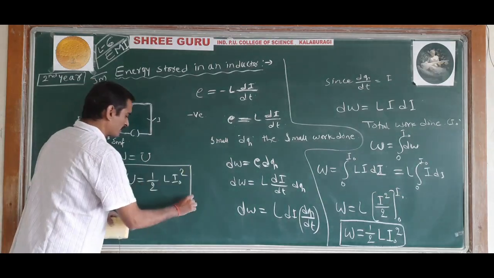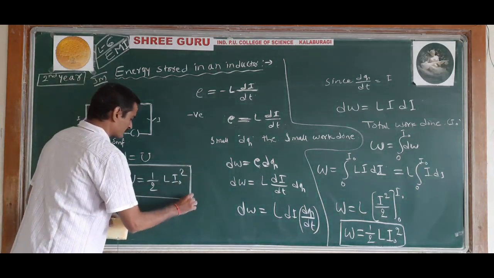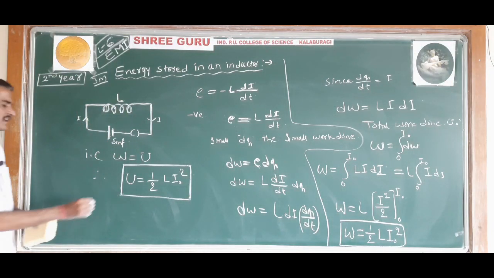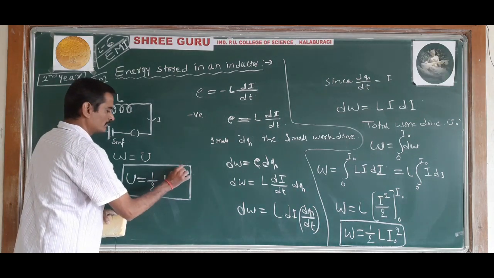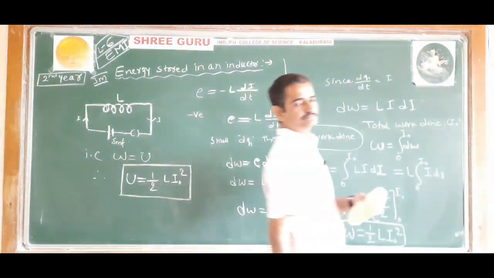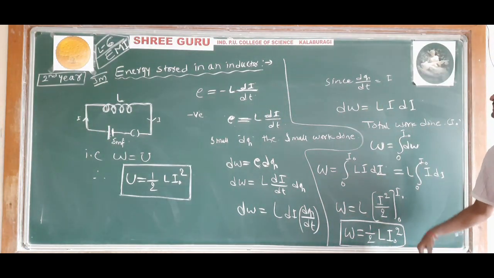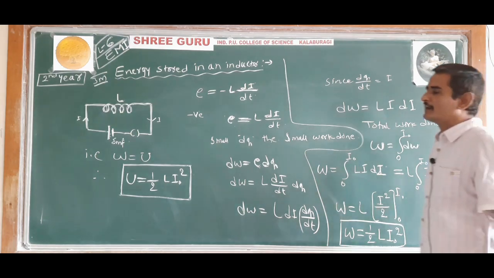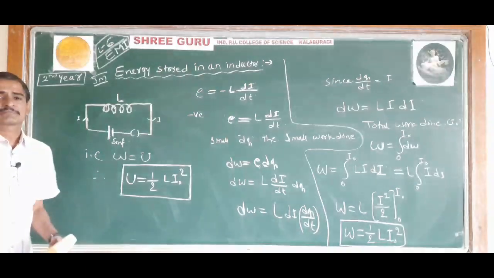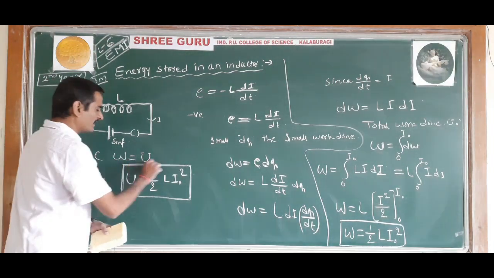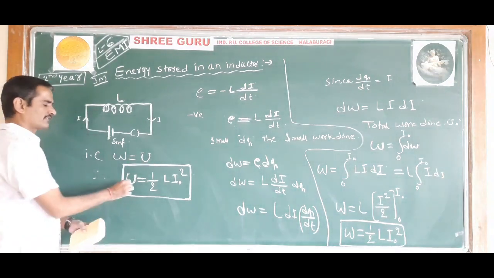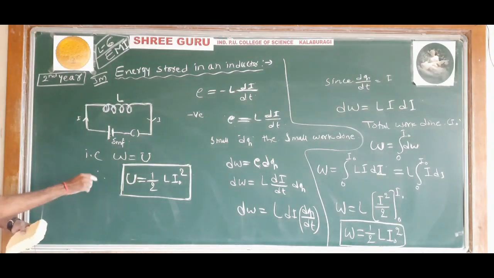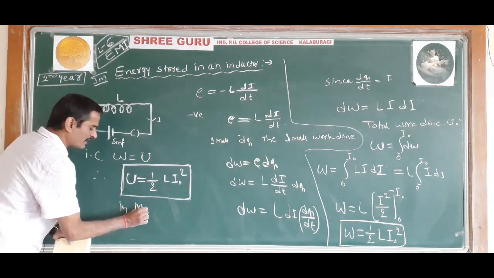This is the expression for potential energy stored in an inductor, that is, energy stored in an inductor. Understood? Thus potential energy stored in the inductor is given by 1 by 2 L I0 square, and this energy is stored in the magnetic field of the inductor.